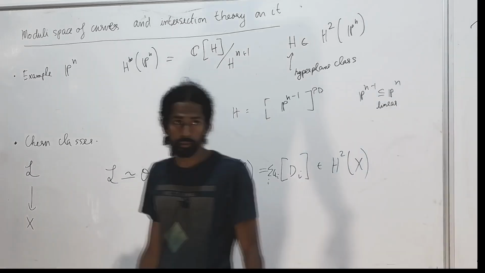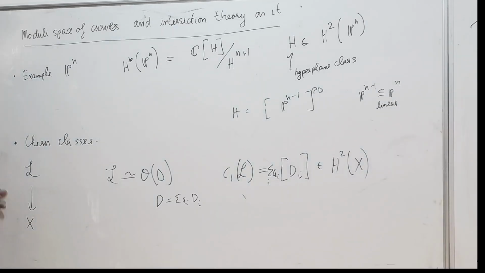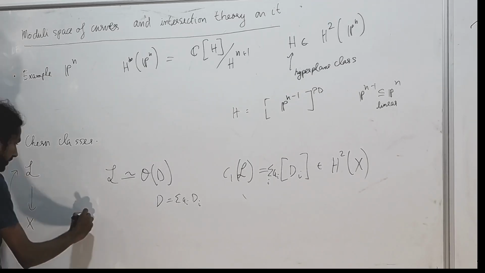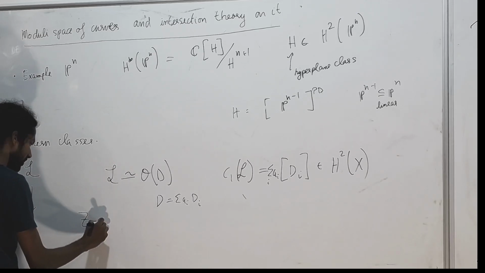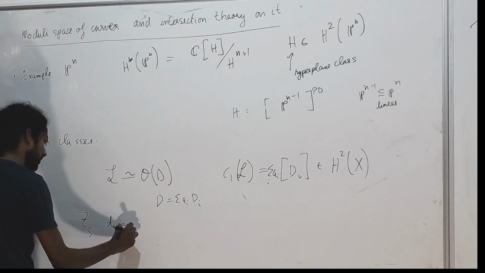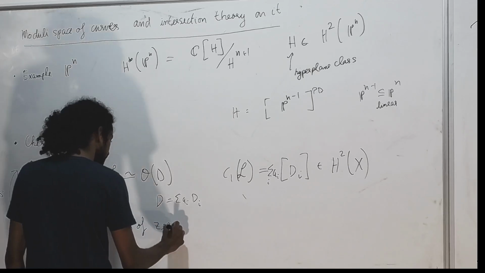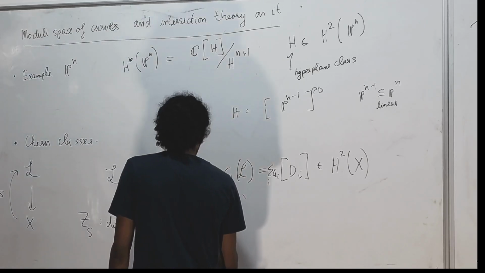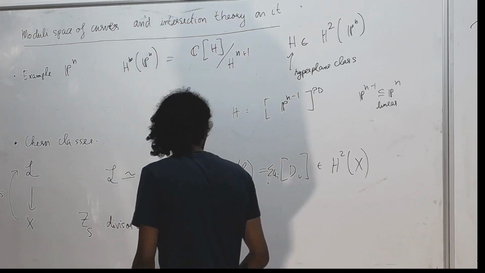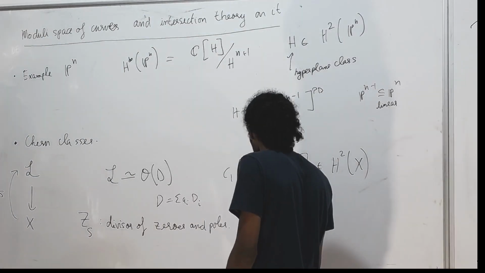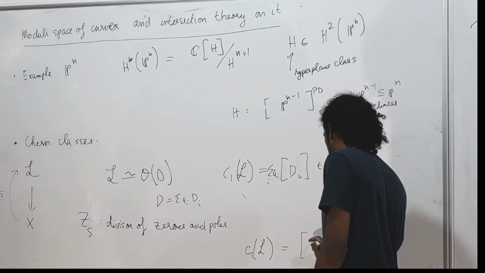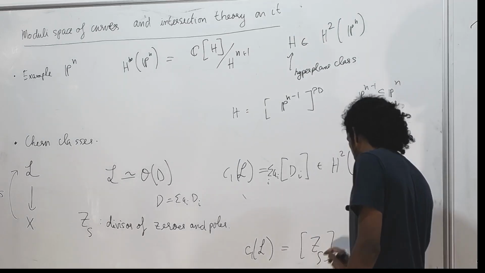Another way to think about it is to take a line bundle and some meromorphic section, and think about the divisor of the zeros and poles. I'll call this Z. And the first Chern class of the line bundle is the Poincare dual of the class of the divisor.